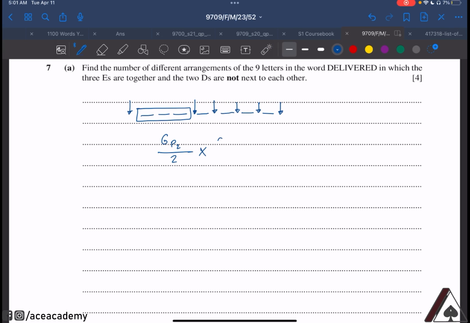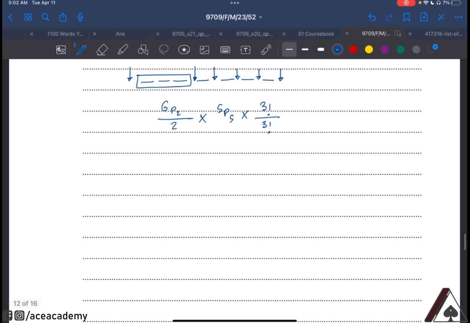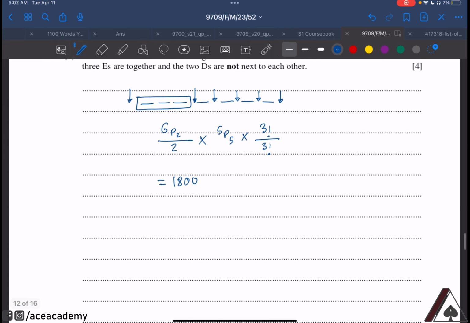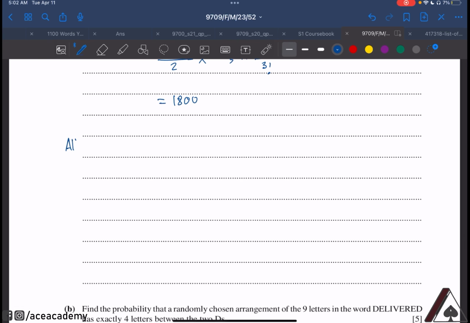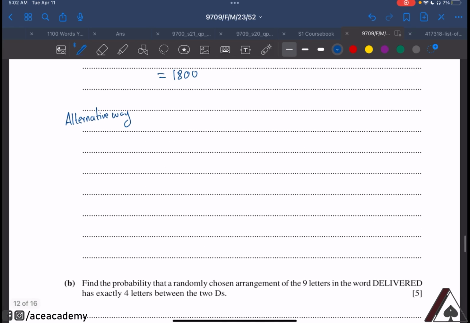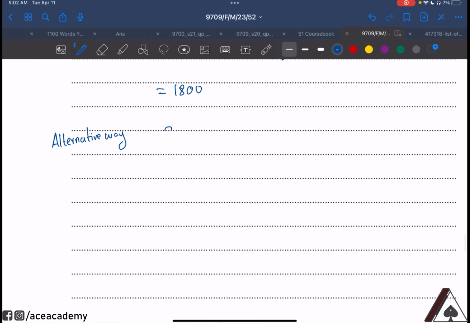So it's 5P5 into, you can arrange them in 3 factorial, but then again they are repeats. So 3 factorial by 3 factorial, which is 1. So the total number of ways is 1800. And then there is an alternative way. So the 3 E's are together, right?